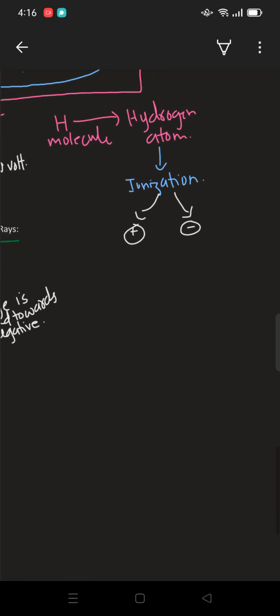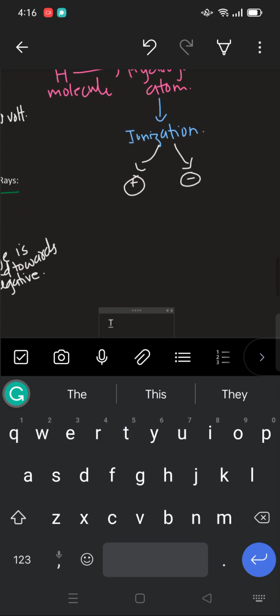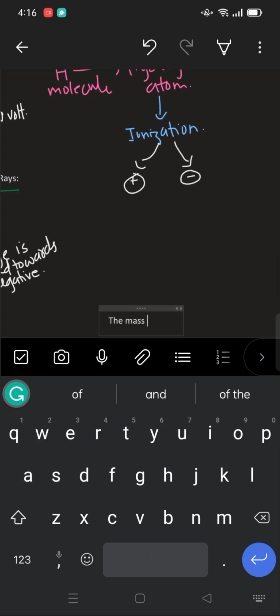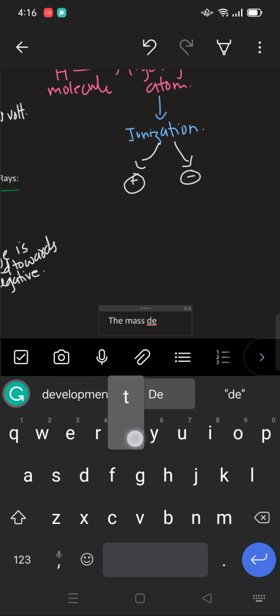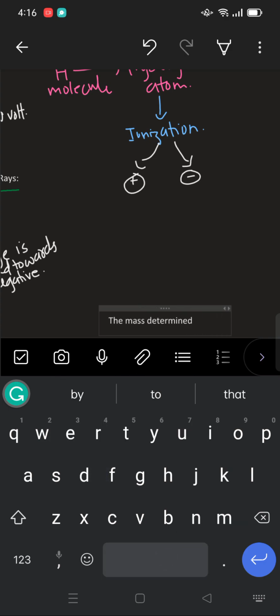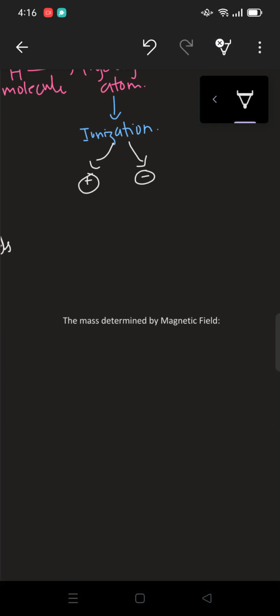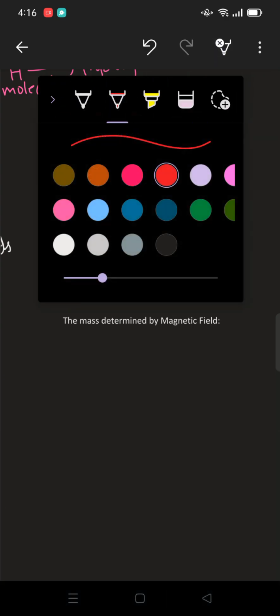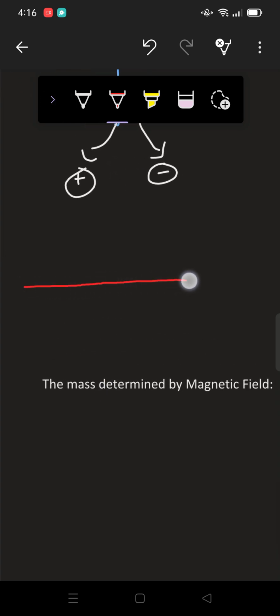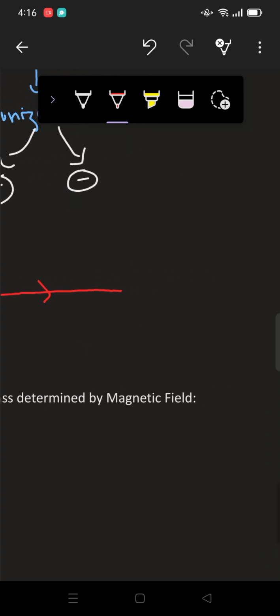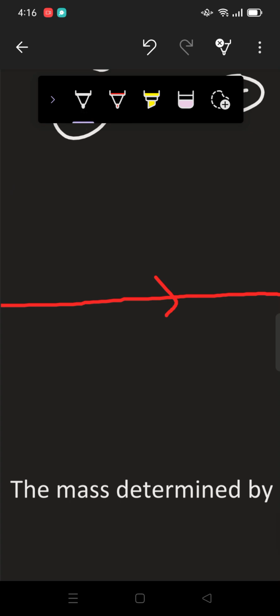So let me write here: we are going to identify the mass, which is determined by the magnetic field. For example, I have this positive ray.